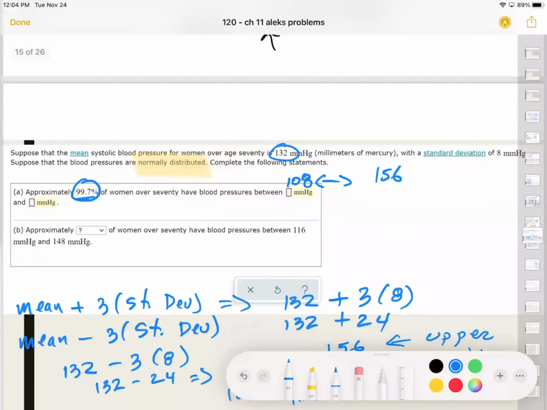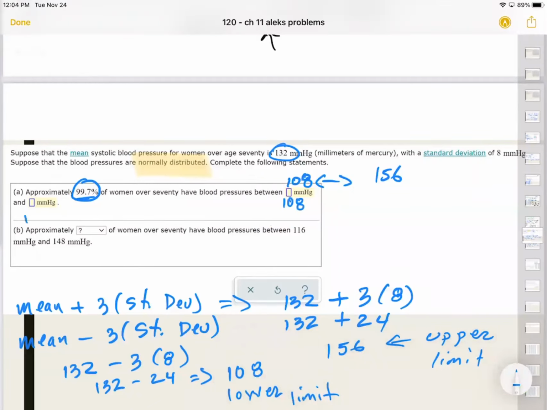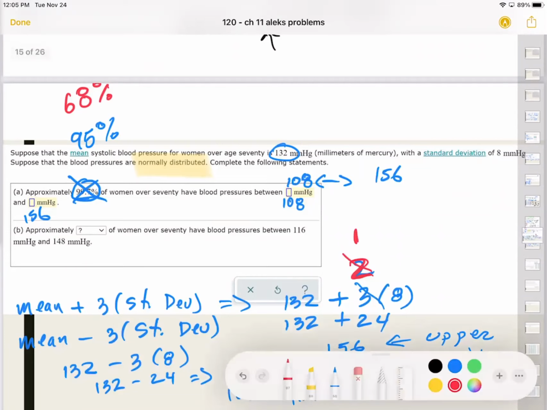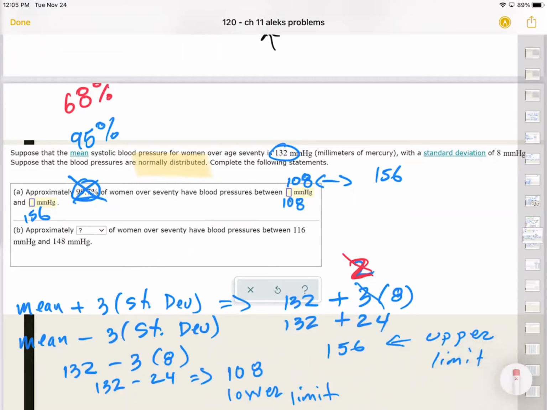If they change it, instead of 99.7, to 95, the only thing changing is that instead of a 3, I will write a 2 here. If they say 68%, instead of the 2, I will write a 1. That's the only thing different: for 68 we use 1, for 95 we use 2, and for 99.7 we write a 3.